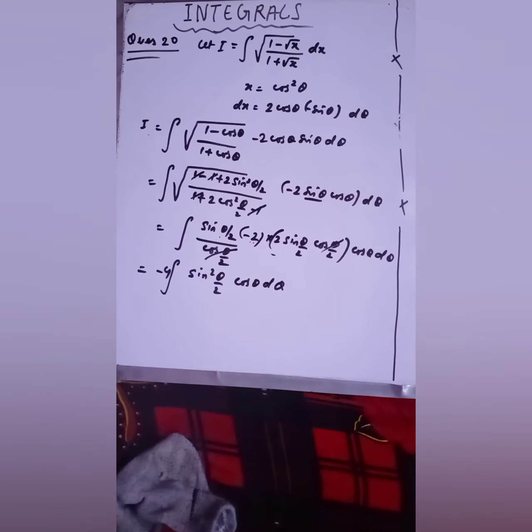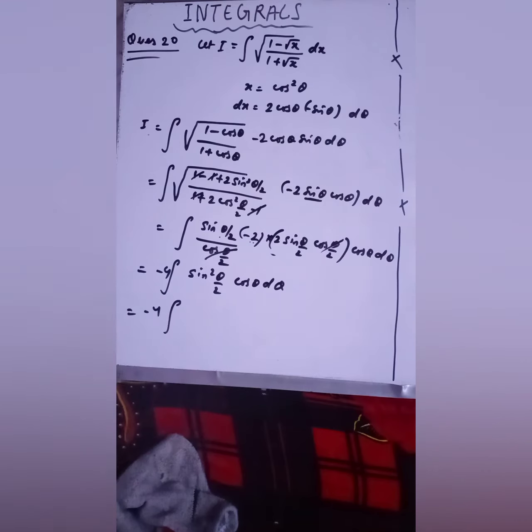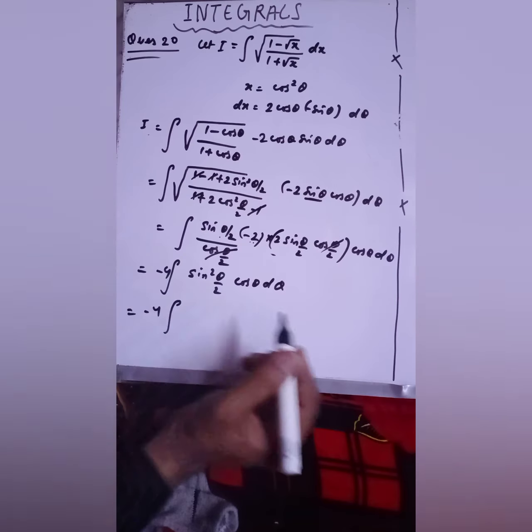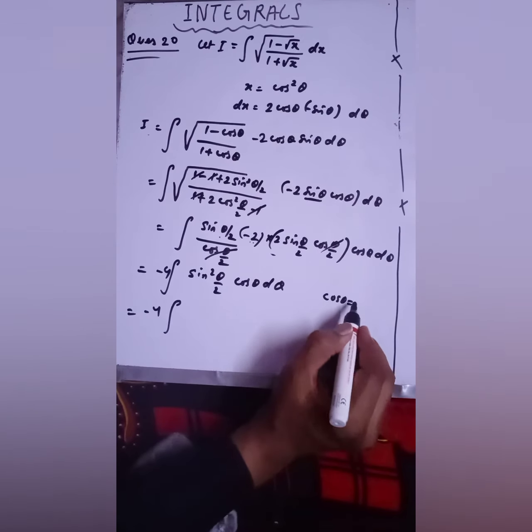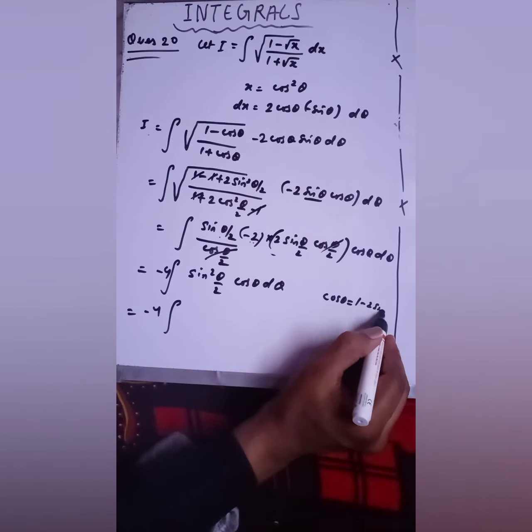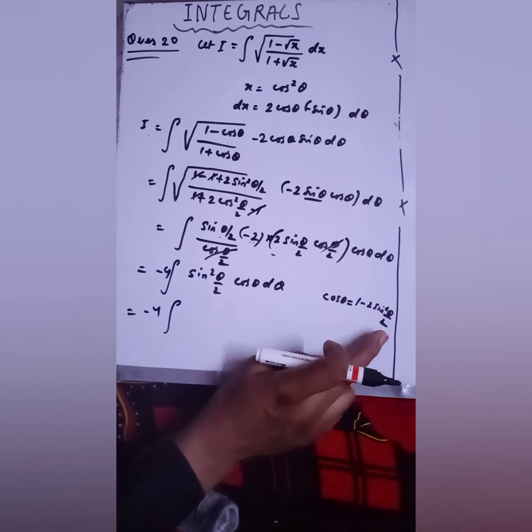After this step, in place of sin square theta by 2 you can apply the formula, as you know that cos theta equals 1 minus 2 sin square theta by 2. So you have to find out this value.